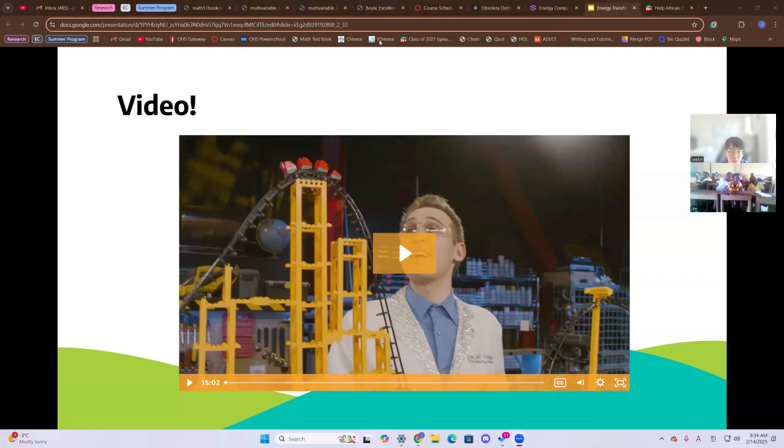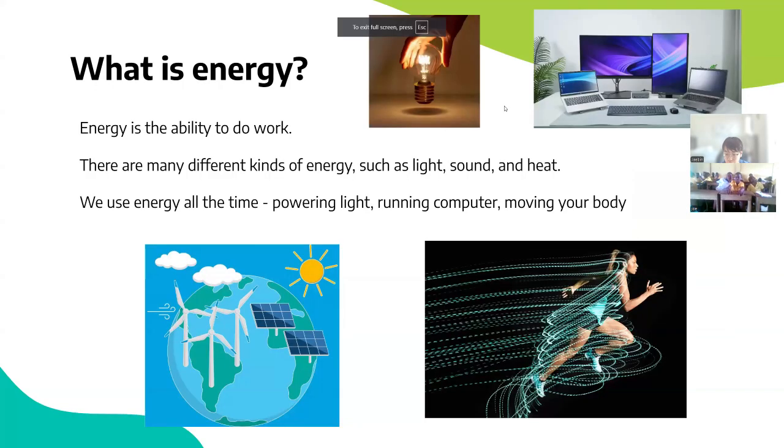That was the video about potential and kinetic energy. Let's quickly review both videos. We first started with what energy is. Energy is the ability to do work. There are many different kinds of energy, such as light, sound, and heat.